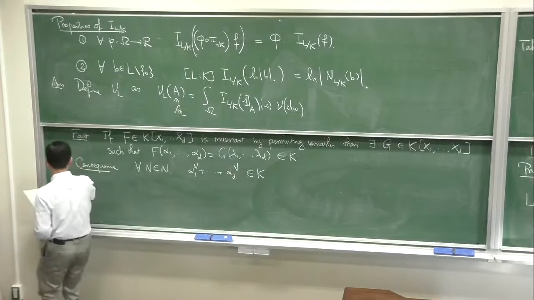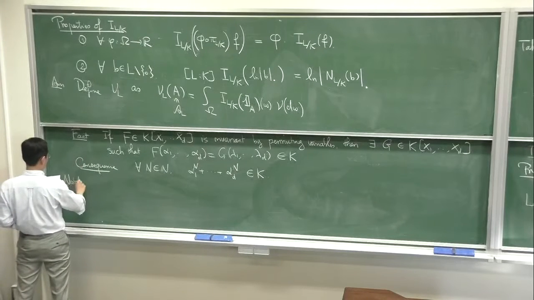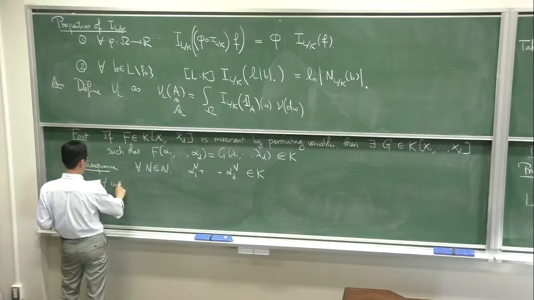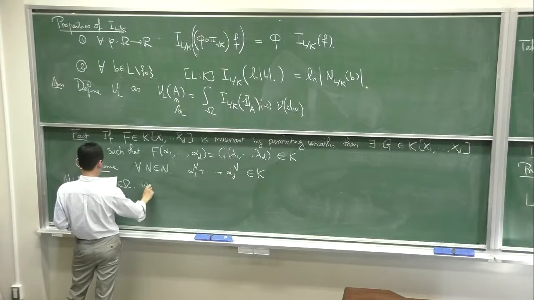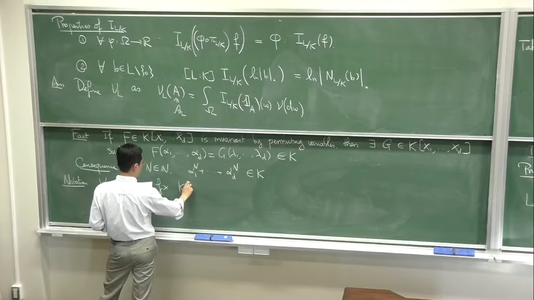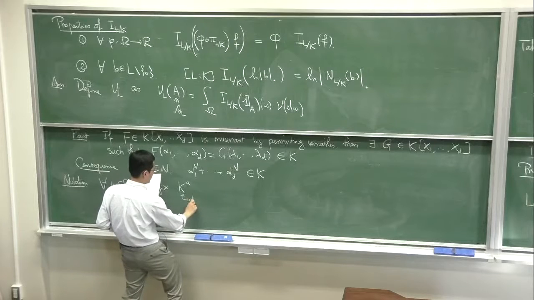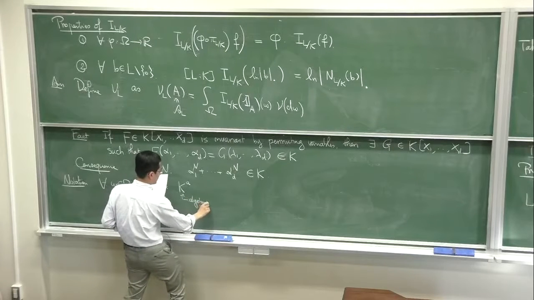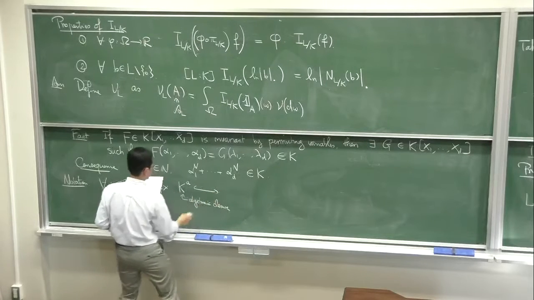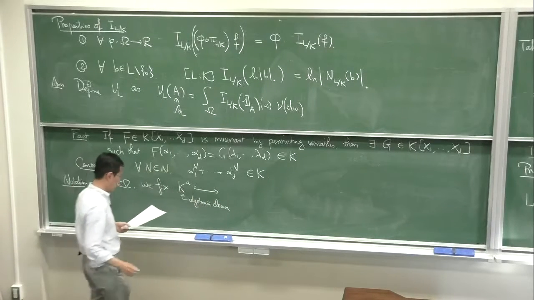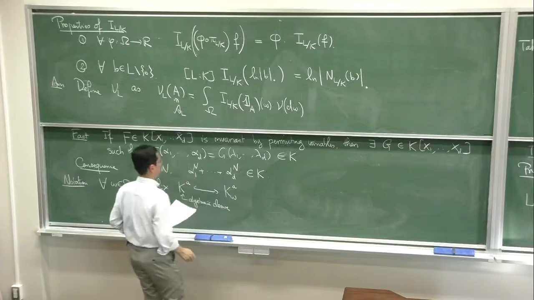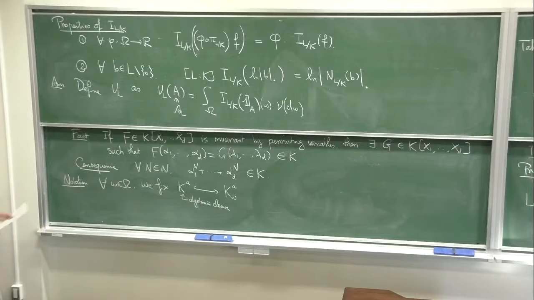So now I give some notation. For any ω in Ω, we fix an embedding of the algebraic closure of K inside the algebraic closure of K_ω.